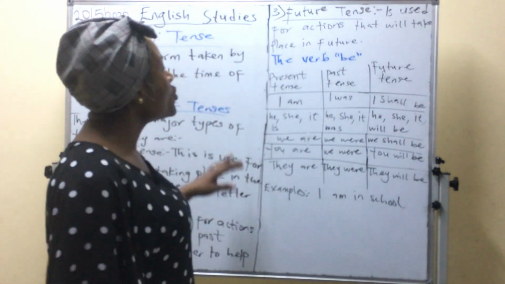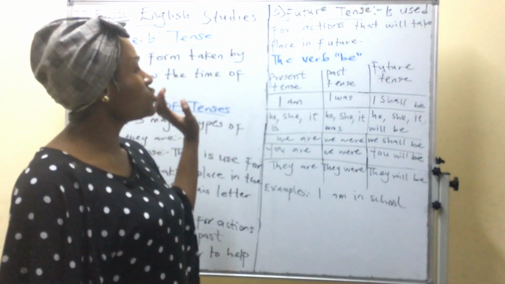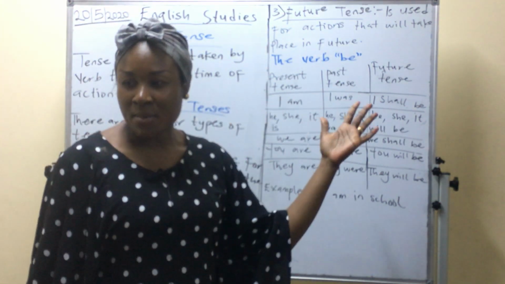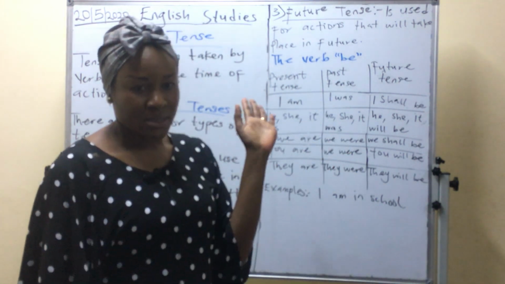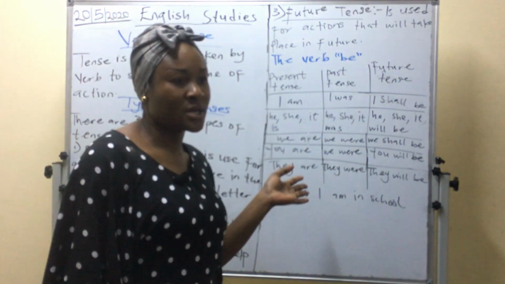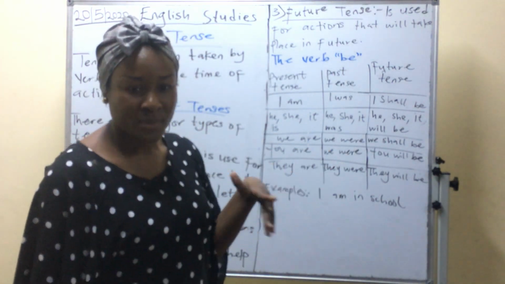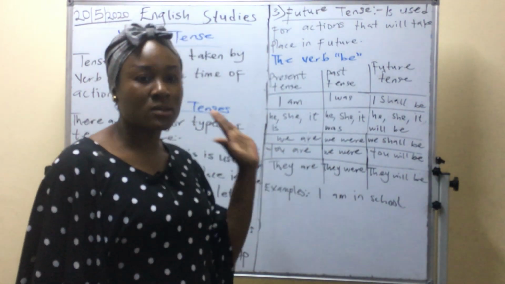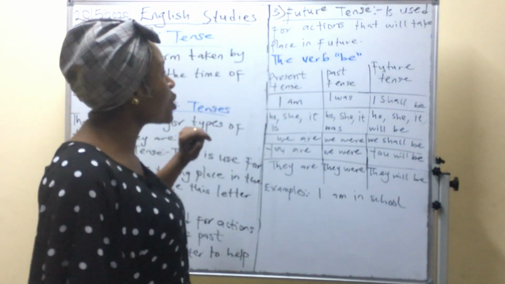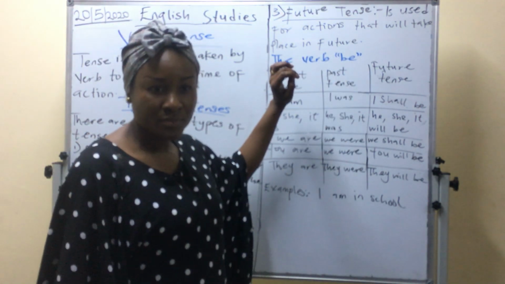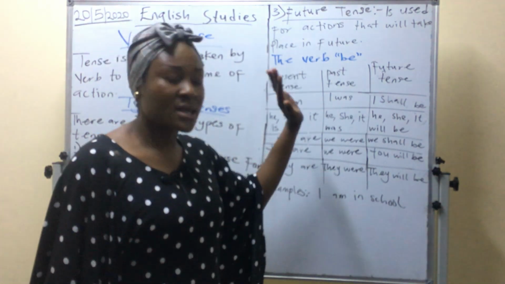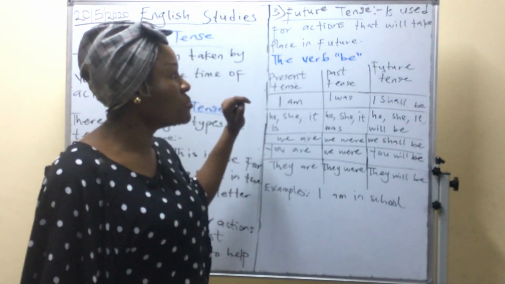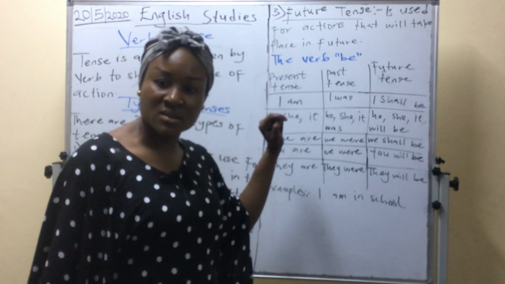Now, when you did verb, you talked about verb as an action word: sleep, eating, jumping, playing, fighting. These are what? Verb. But today we're going to talk about the verb be in tense. And how do we use be to make sentence in tenses?